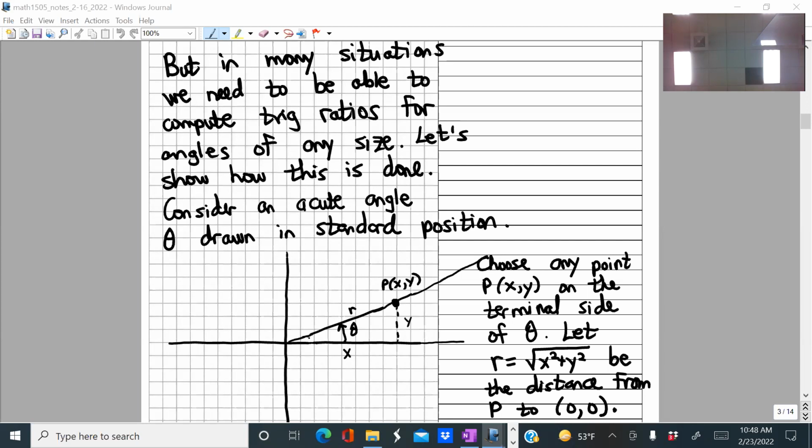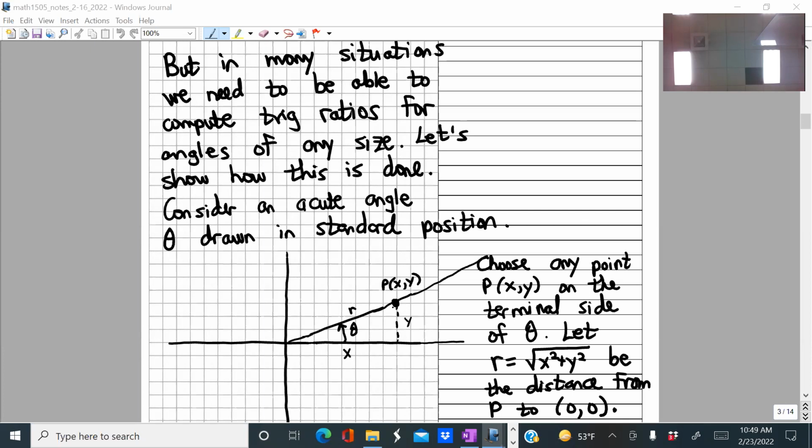Now, along the terminal side of that angle, I'm going to pick out a point, any point that I like. I could pick a point way over here if I wanted to, or I could pick a point really close to the origin. Of course, that point has coordinates, so here are its two coordinates.